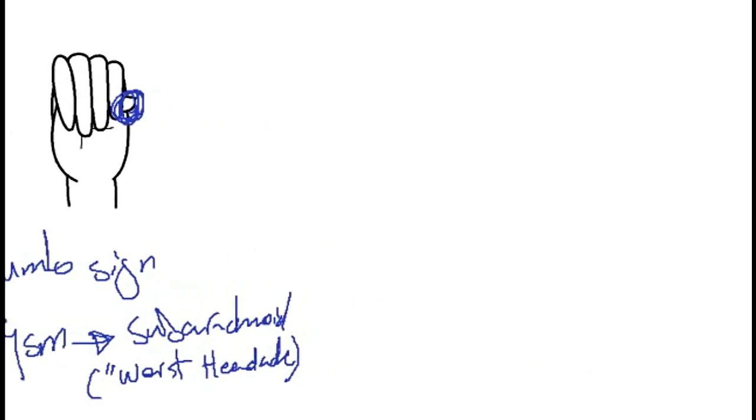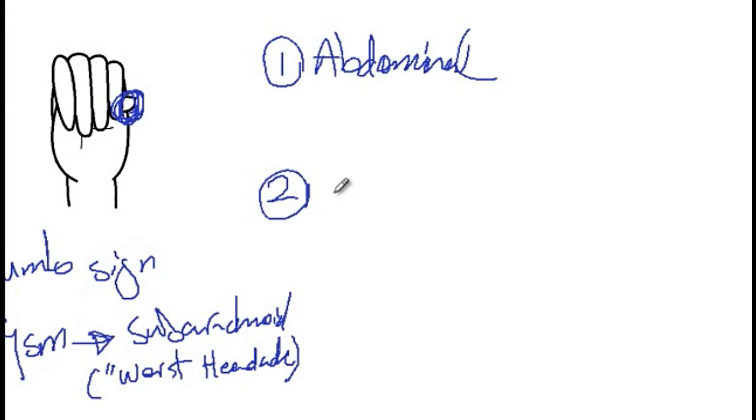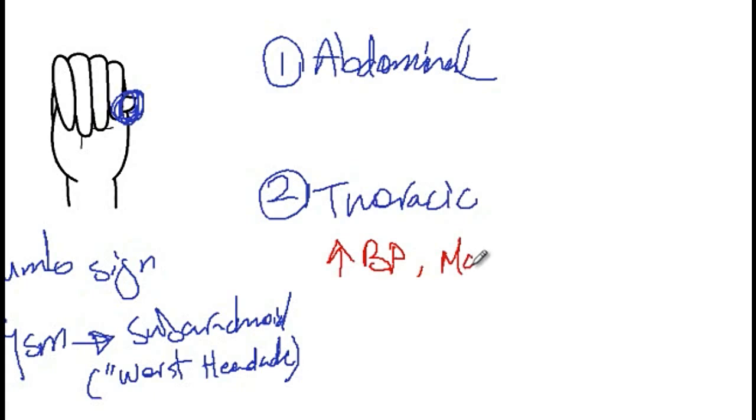And one last point that I would like to mention here is the risk factors for abdominal as well as thoracic aortic aneurysms. So for thoracic aortic aneurysms, risk factors include high blood pressure, Marfan syndrome, as well as tertiary syphilis.